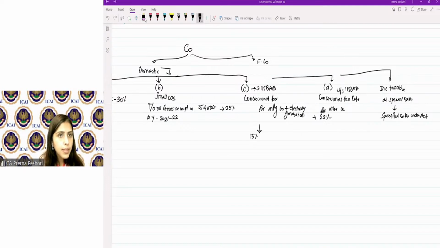So number one condition is it should be a manufacturing company or electricity generation company.